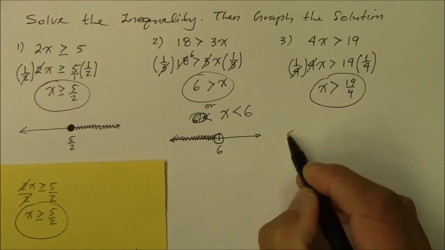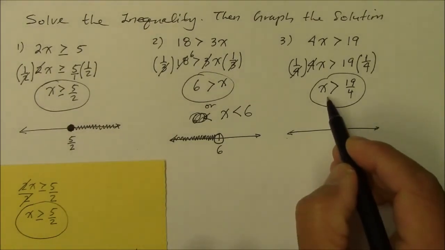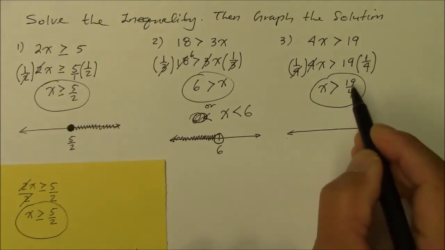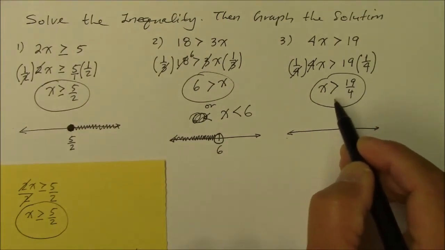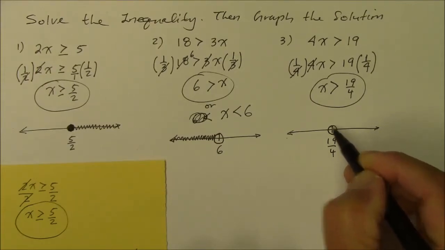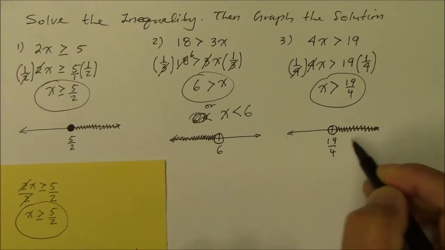Weird number, you might think, but no big deal. What number should we choose to satisfy this inequality? Well, it better be greater than 19 over 4, not including, but just greater than 19 over 4. So it's an open circle, and greater than means any number to the right side of that number.